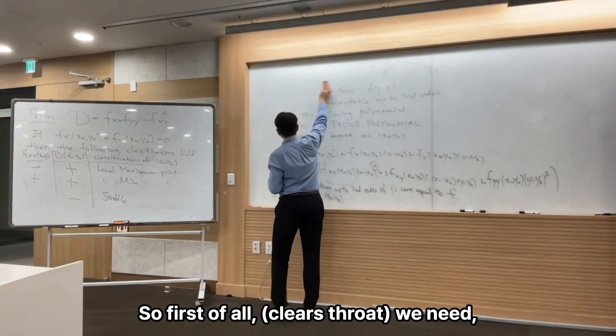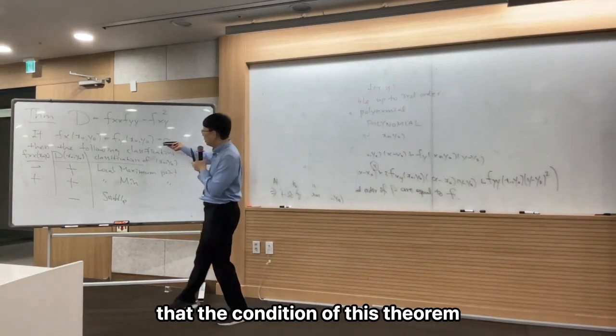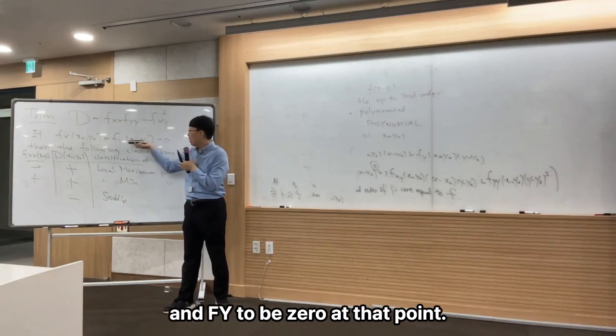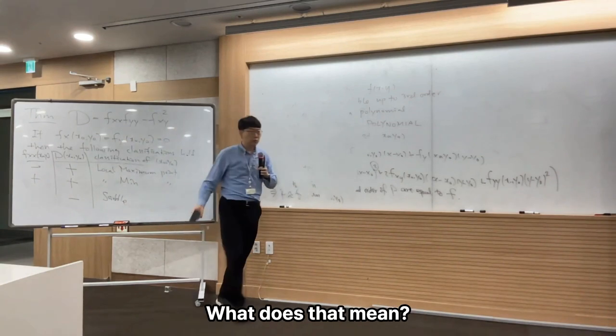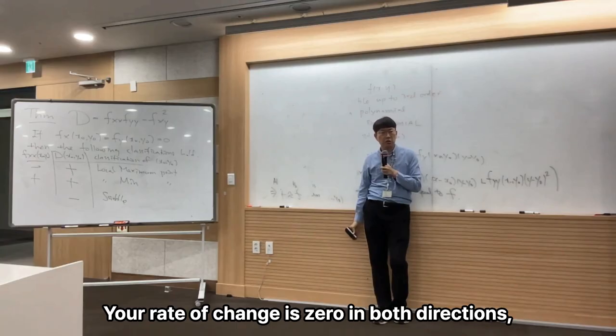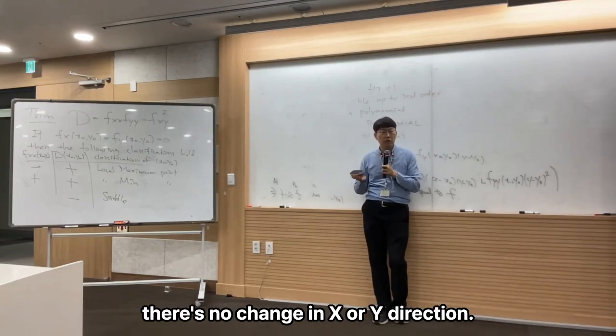So first of all, you have to be careful that the condition of this theorem is that f_x and f_y are 0 at that point. What does that mean? Your rate of change is 0 in both the x and y directions, so there's no change in the x or y direction.